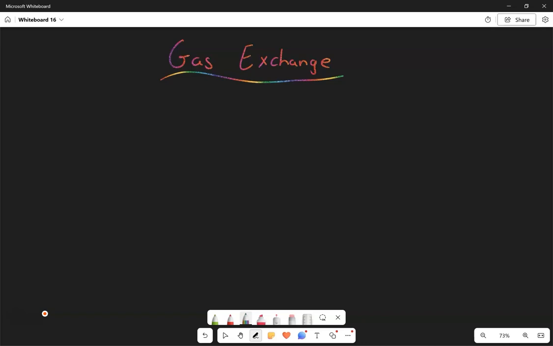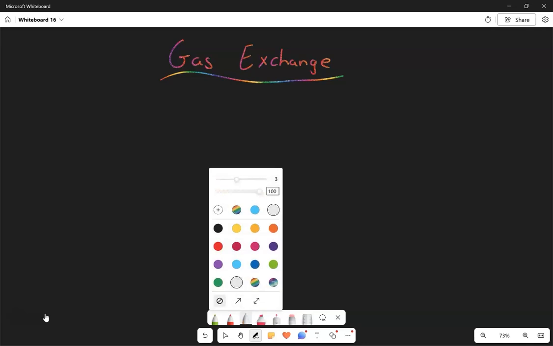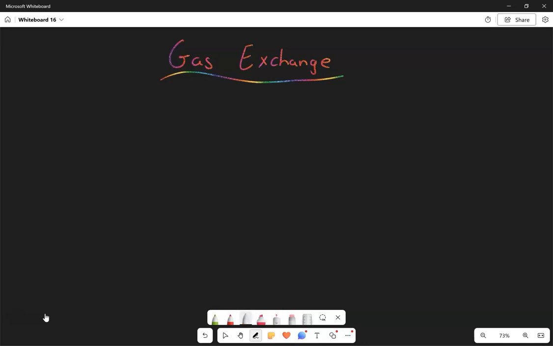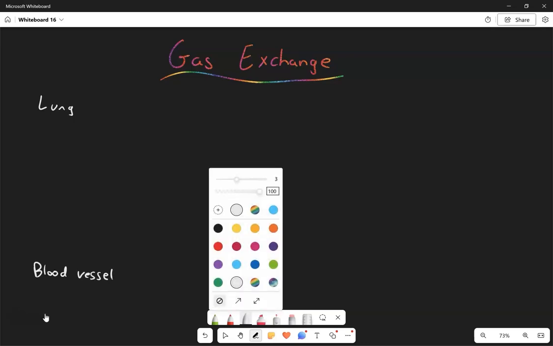But let's take a look at the lungs and all the stuff that needs to happen, right? So let's say that our lung is up here and our blood vessel is down here. One of the things that we have to remember is that the inside of the lung is surrounded by a thin layer of surfactant.